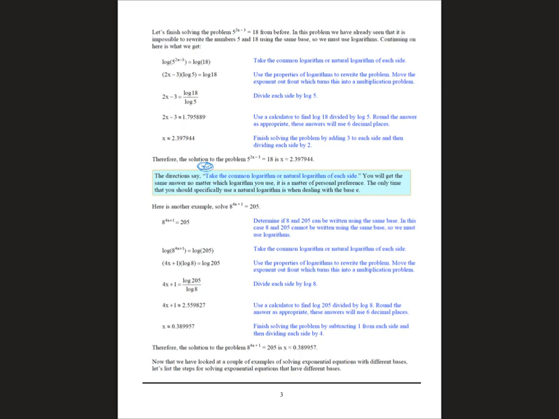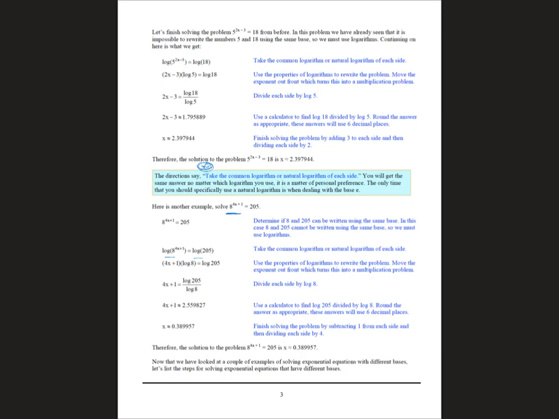For example, here, instead of taking log base 10, a common log, of both sides, perhaps you might want to take log base 8 of each side, which would allow you to easily simplify the left-hand side of the equation.